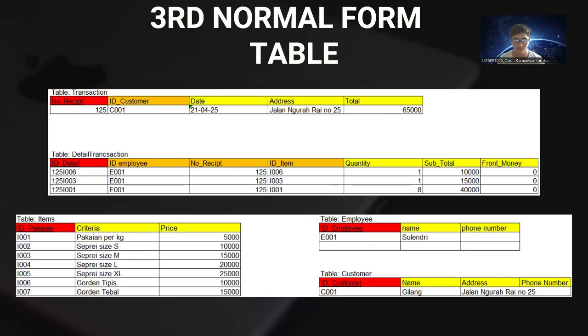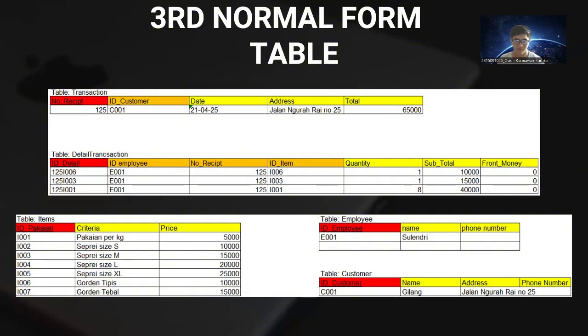And item I003 is spray with size M or medium, quantity 1, and the subtotal is 15,000. The last one is I001, clothes per kilogram. Here the customer wants to wash 8 kilograms of clothes. For the subtotal, the price from the items table is multiplied by the quantity, so that will be 40,000.